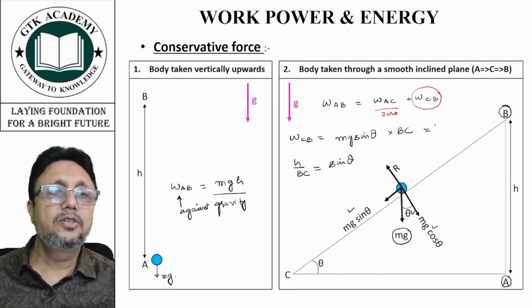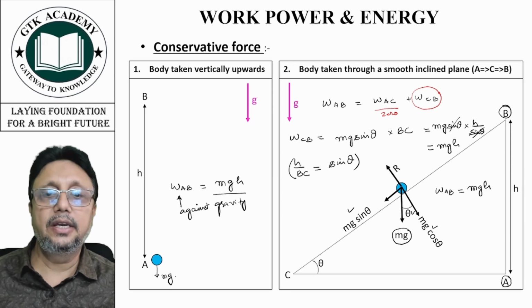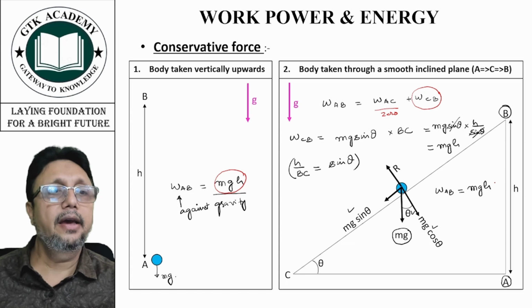So this will be mg sin theta into h upon sin theta. Here sin theta gets cancelled. Again this is mgh. So the work done from A to B in this case will also be equal to mgh. You can see in both the cases, here also it is mgh, here also it is mgh.